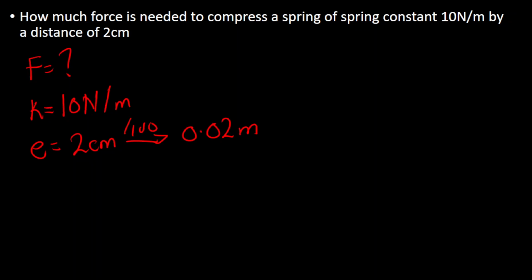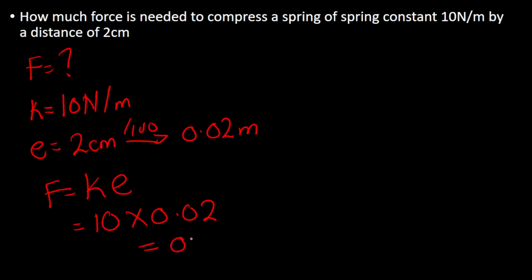Okay, so we still use the same thing. We know that F equals KE. So our K here is 10 and our E here is 0.02. Okay, and then 10 times 0.02 will give us 0.2 Newton.